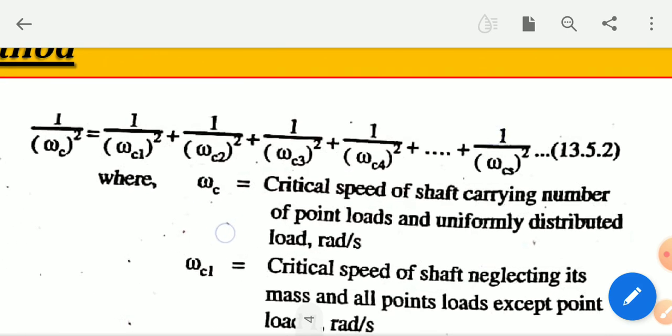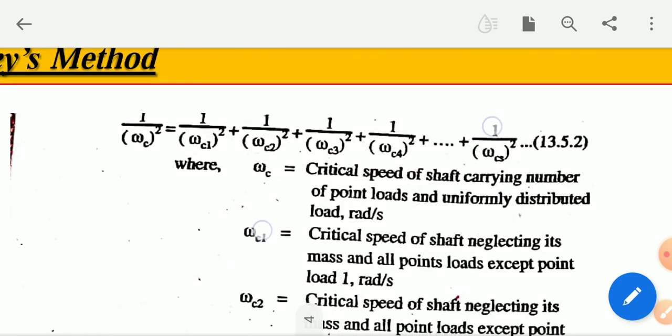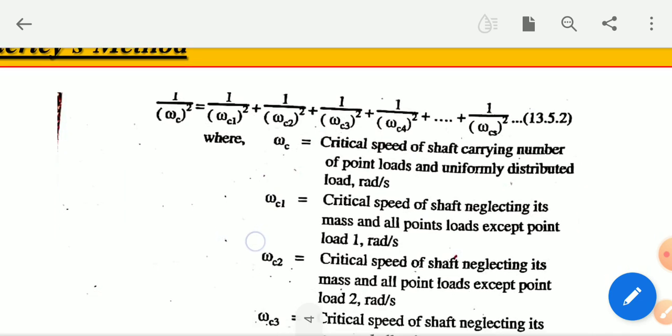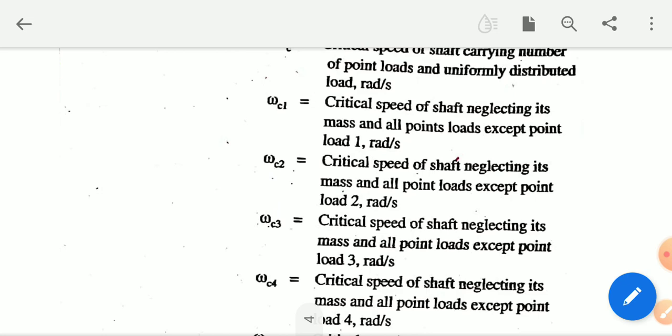So what is omega c? It is the critical speed of the shaft carrying a number of point loads and a uniformly distributed load, while omega c1 is the critical speed of the shaft neglecting its mass and all point loads except load 1. We will consider only load 1.